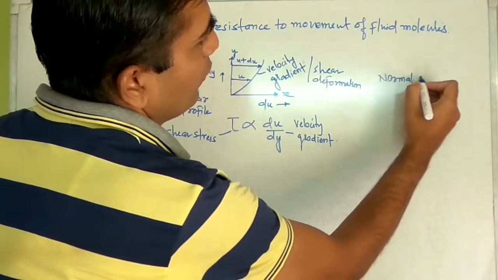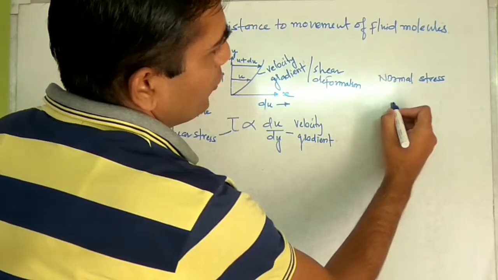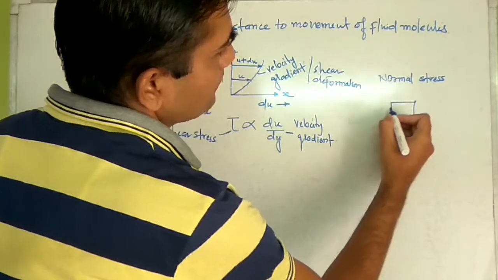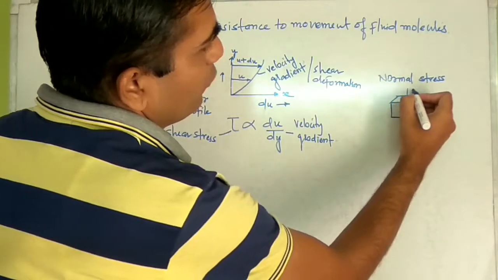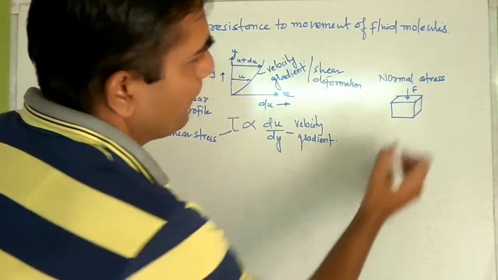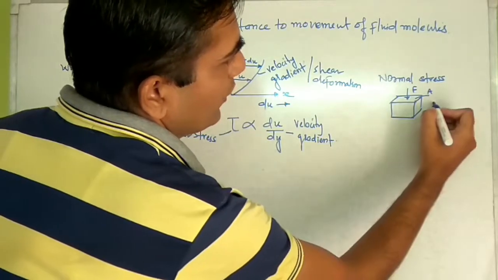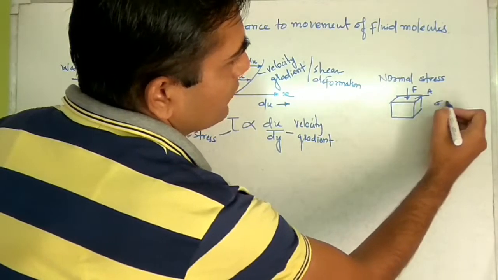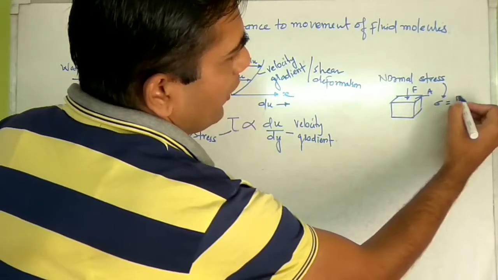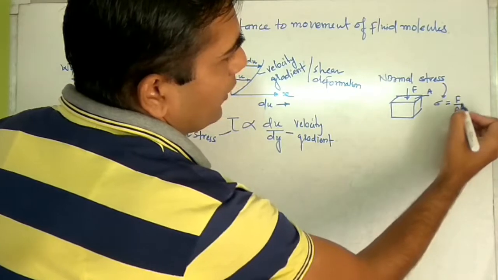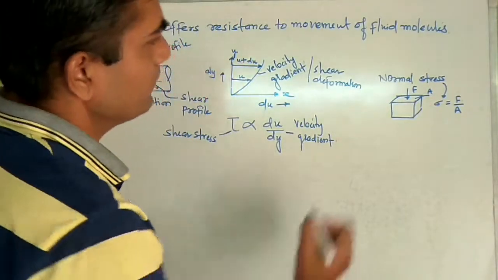Normal stress is, suppose a body is there and a normal force is applied on an area A, we write it as sigma, the normal stress, equal to F divided by A. Now this F is the normal force, that is, perpendicular force.